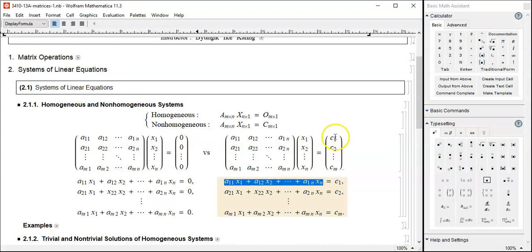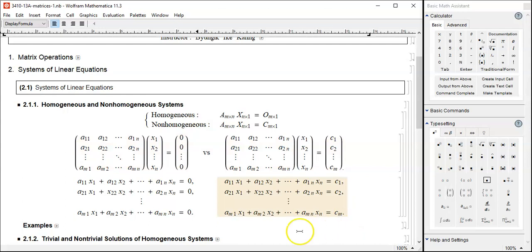And the right-hand side, of course, is C1. So from this matrix multiplication, the first row gave me the first equation. Repeat the same thing for the second row. You're going to get the second equation. And repeat until the end. The last row, the mth row times this column, will give me the mth equation.